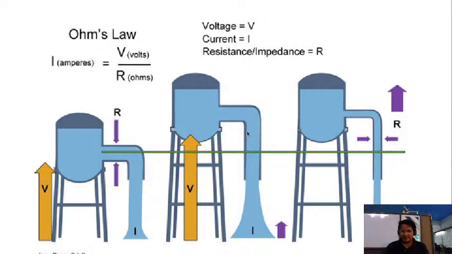This is resistance. Here you can see this one is wider, so more water is coming from the second one, and the right one is a thinner pipe, so very little water is coming out of this. Okay, moving on.